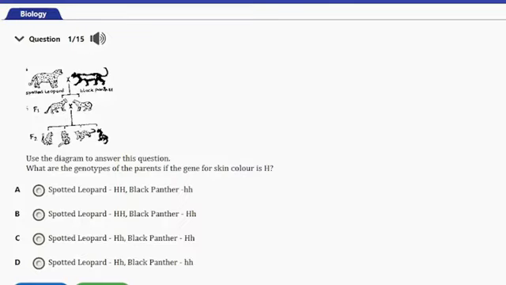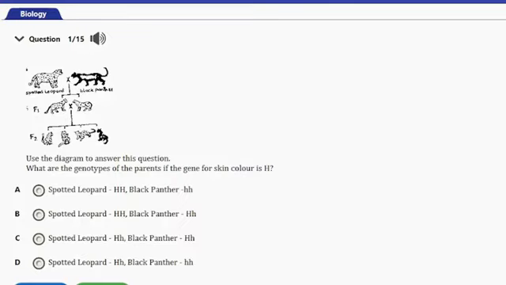Here we have a diagram and we are to use this diagram to answer the question. The question says, what are the genotypes of the parents if the gene for skin color is H? We have to consider these two parent animals.